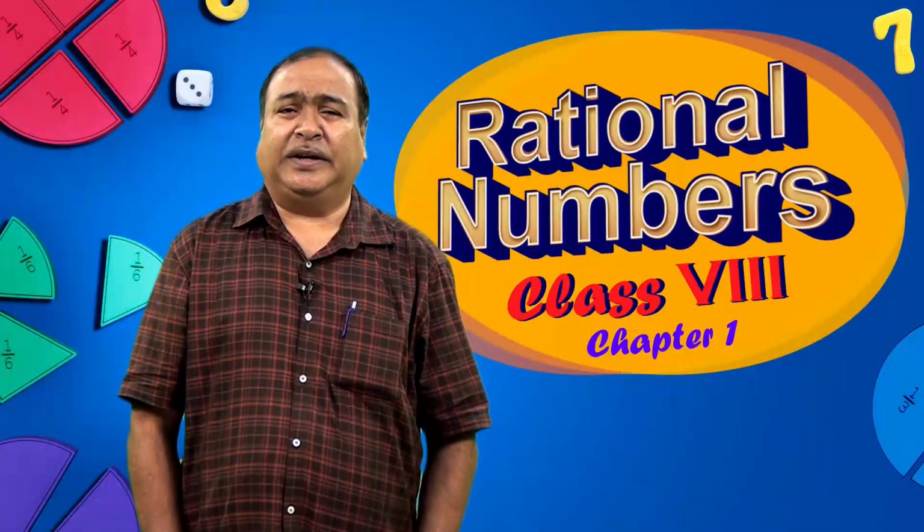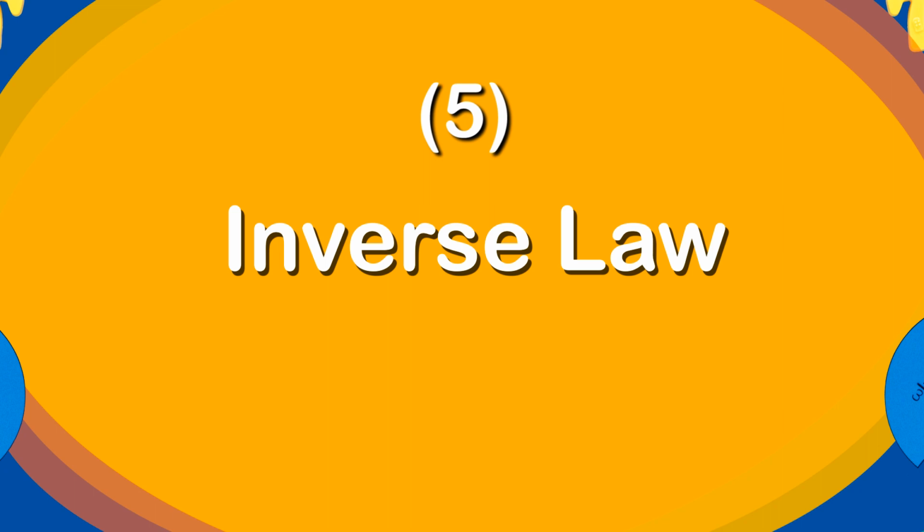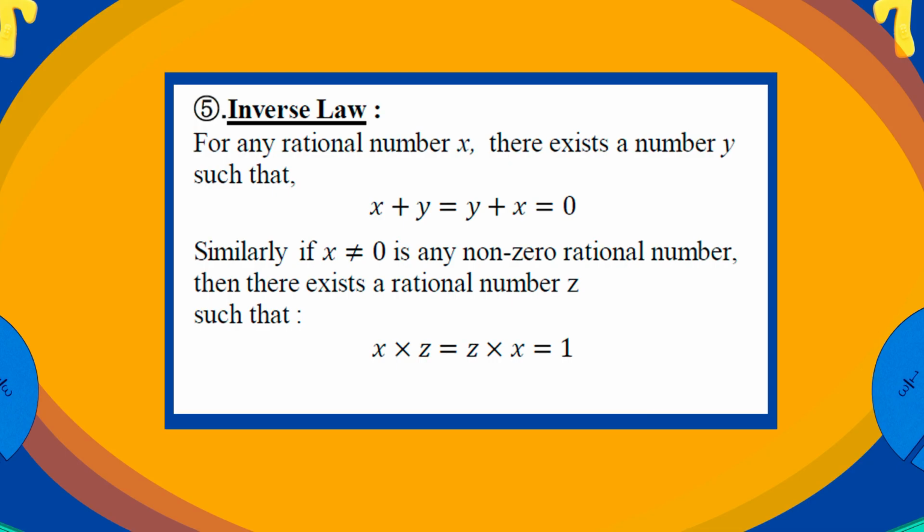Now, the next property is the inverse law. For any rational number x, there exists a rational number y such that x plus y is equal to y plus x is equal to 0. Similarly, for x not equal to 0, a non-zero rational number, there exists a rational number z such that x into z is equal to z into x is equal to 1.